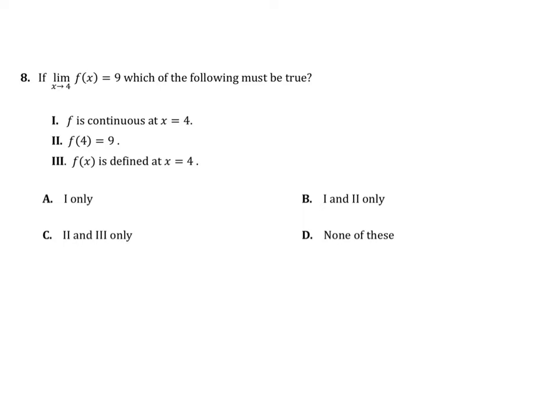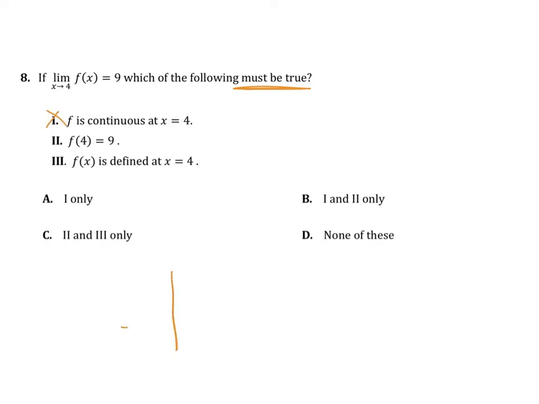All right, so on number 8, for this limit to be true, so the limit as x approaches 4 of f of x equals 9, which of the following must be true? Well, we don't have to be continuous at 4.